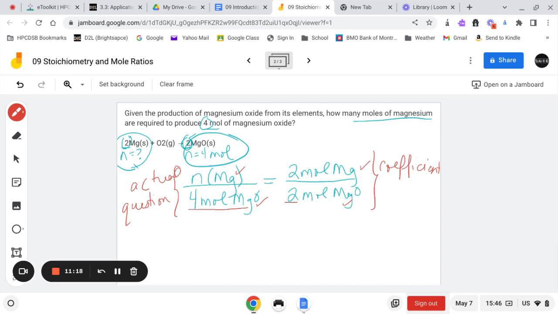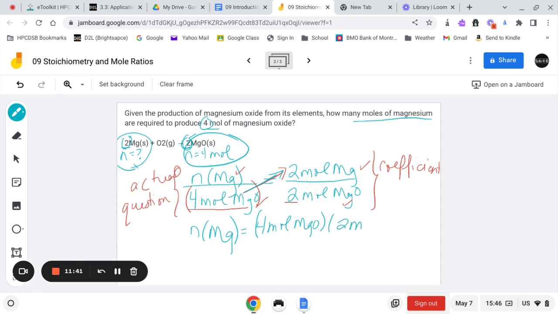Now, this is an easy one. What are we going to do? Well, you take your denominator and you cross multiply it by 4. So to get my moles of magnesium, I am taking 4 moles of magnesium oxide. That's from the denominator that I am cross multiplying over.